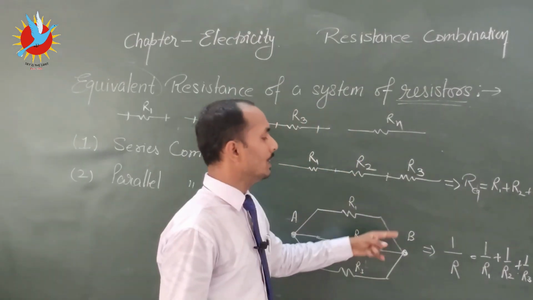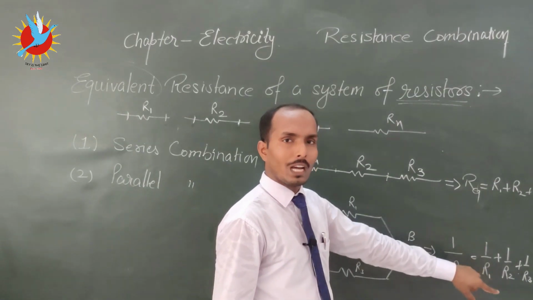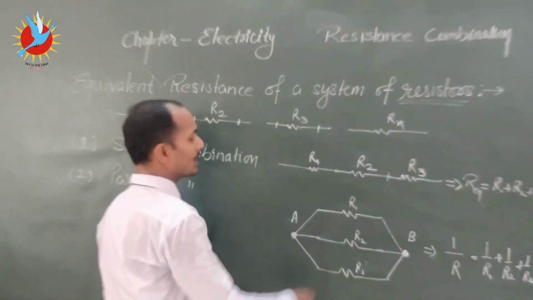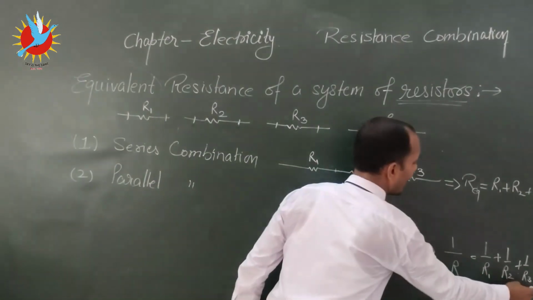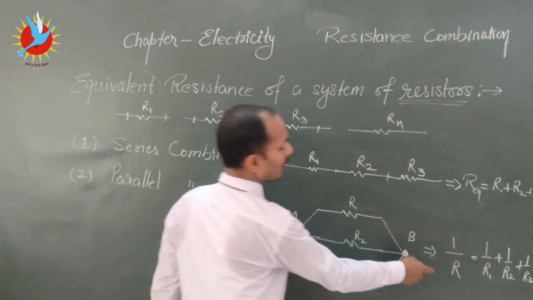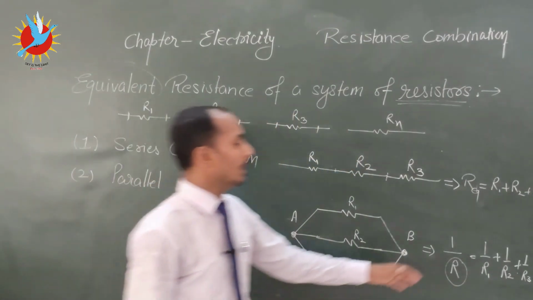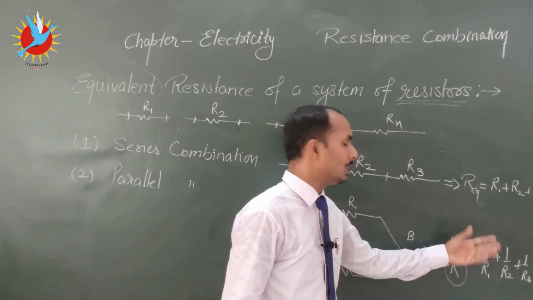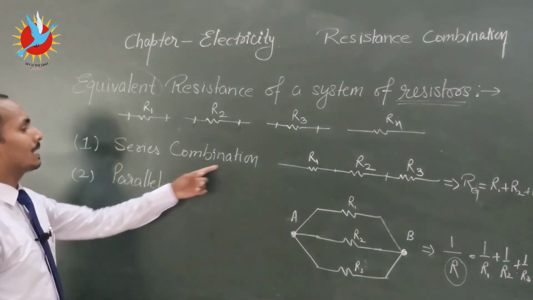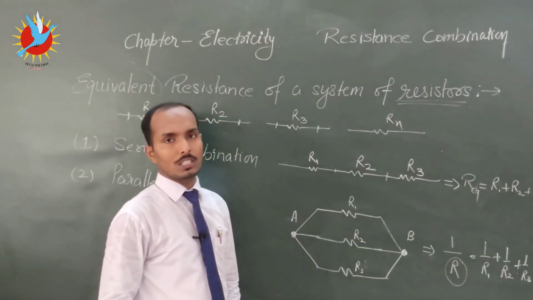If there are 5, then I use 1 by R1 plus 1 by R2 plus 1 by R3 plus 1 by R4 plus 1 by R5. You write those numbers and add them reciprocally, individually. After calculation you need to take the reciprocal of it, and that is the equivalent resistance. So this is the equivalent resistance of series combination, and this is of parallel combination.